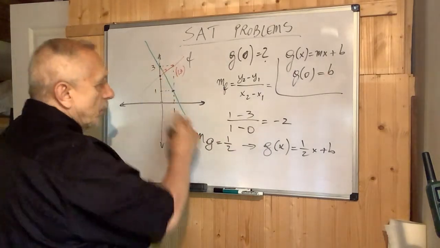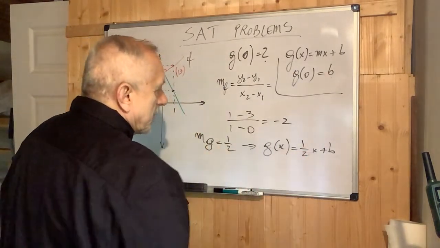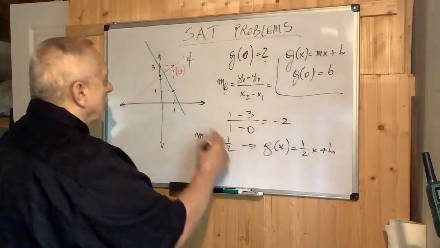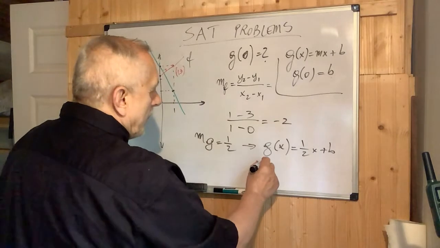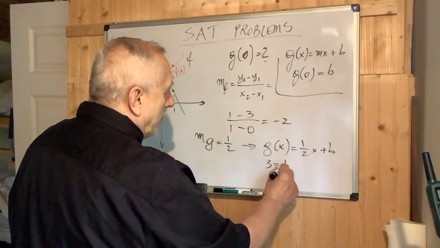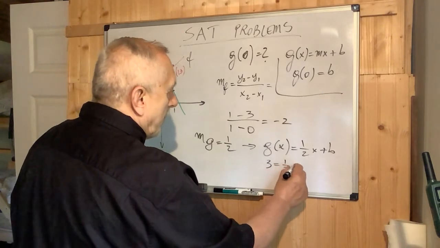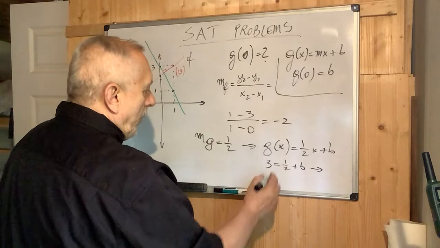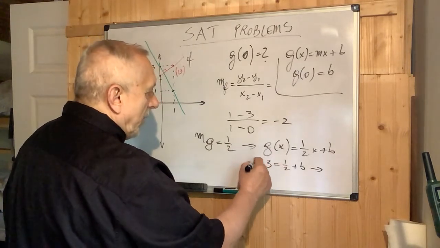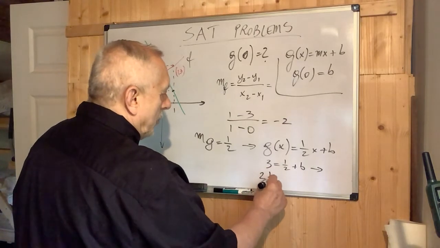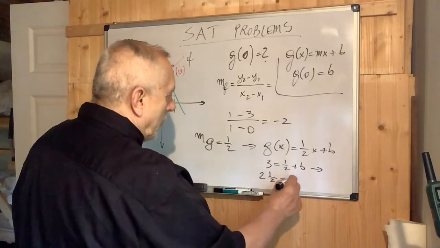When x is 1, we replace x by 1, and g of 1 will be 3. So 3 equals 1 over 2 times 1, plus b. We move 1 over 2 to the other side. 3 minus 1 over 2 is 2 and 1 over 2, which equals b.